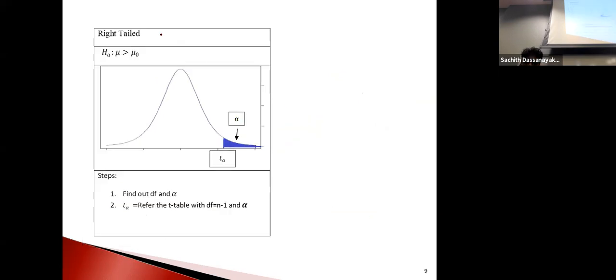Right tail test. If you are using the critical value approach, find alpha, then refer to the T table to find T alpha, which means this one, T alpha df, this value right here. This is about the critical value approach. I mean, find the critical value.